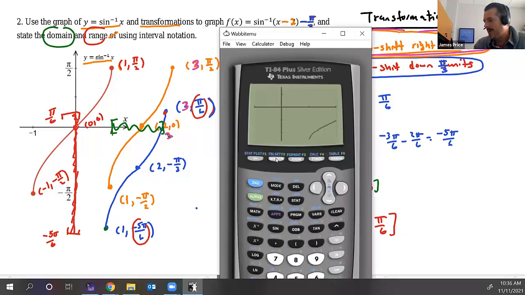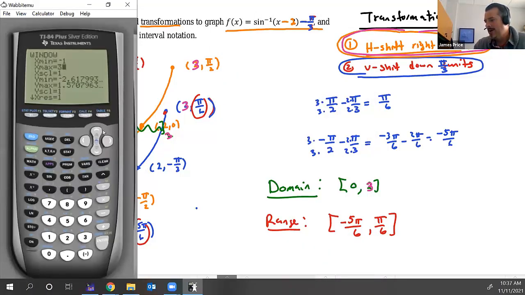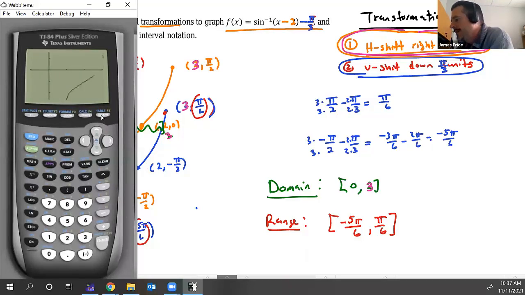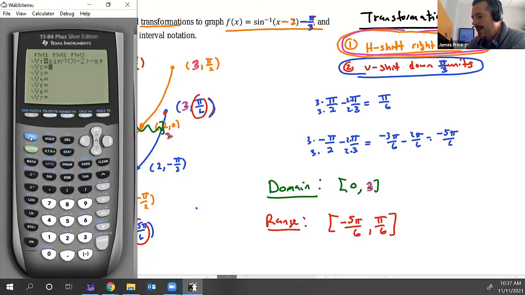So let's check it again now. Make my window go from -1 to 3. And you'll see now I got it. Now I get the whole thing. There it is. So you can kind of check and see how it's the same. You can even, for fun, if you want, graph the original sine inverse of x on here, and hit the graph button, and then you get some perspective of what's happening.